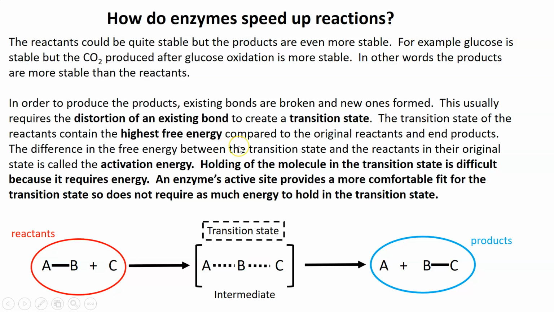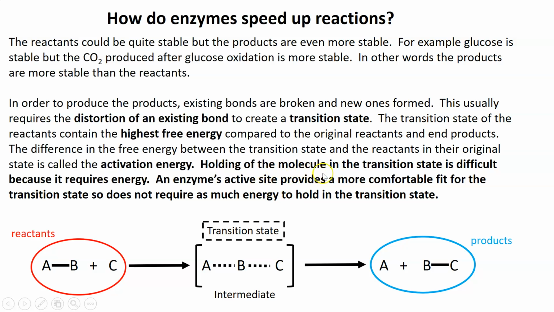The amount of energy you need to put in to distort the bond, the enzymes accommodate that by making that distortion much easier, and so you don't need that much activation energy.